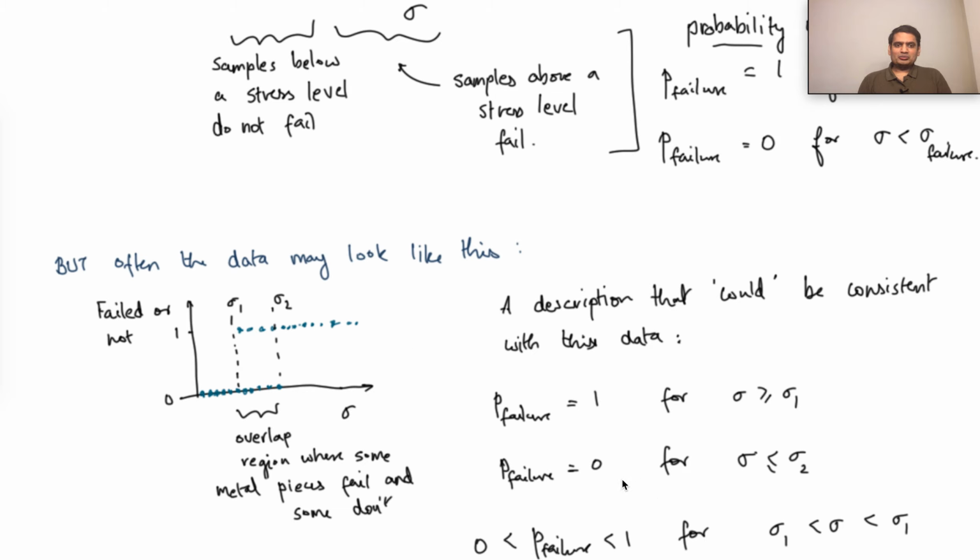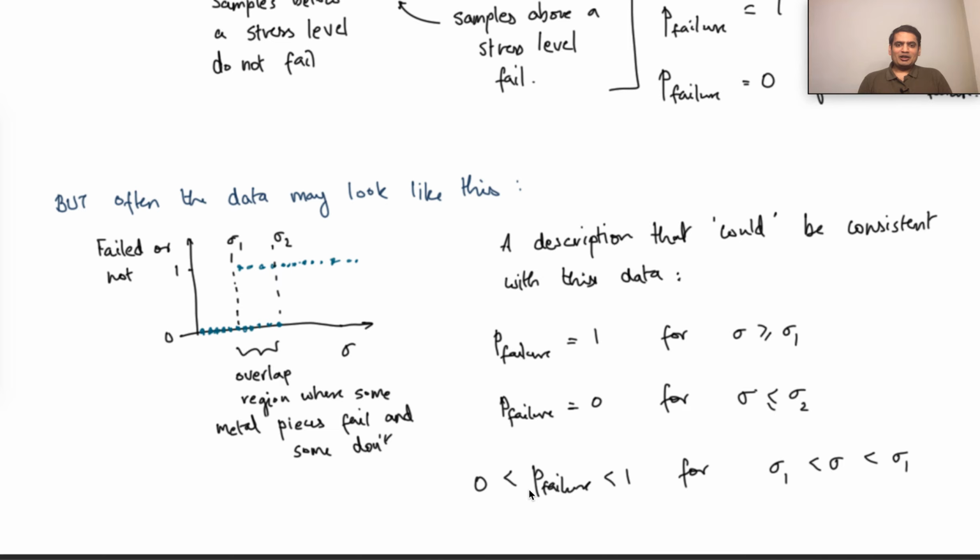In other words, less than here. There's a typo here. Exchange these two things. And then the probability is between 0 and 1 when the stress level is between sigma 1 and sigma 2.